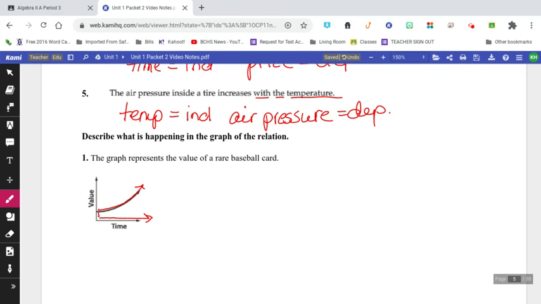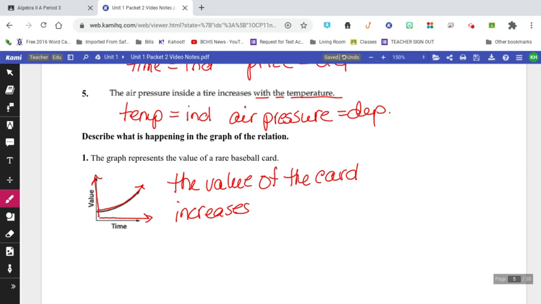That is also heading up. So you could say something like the value of the card increases over time. Okay, something along those lines.